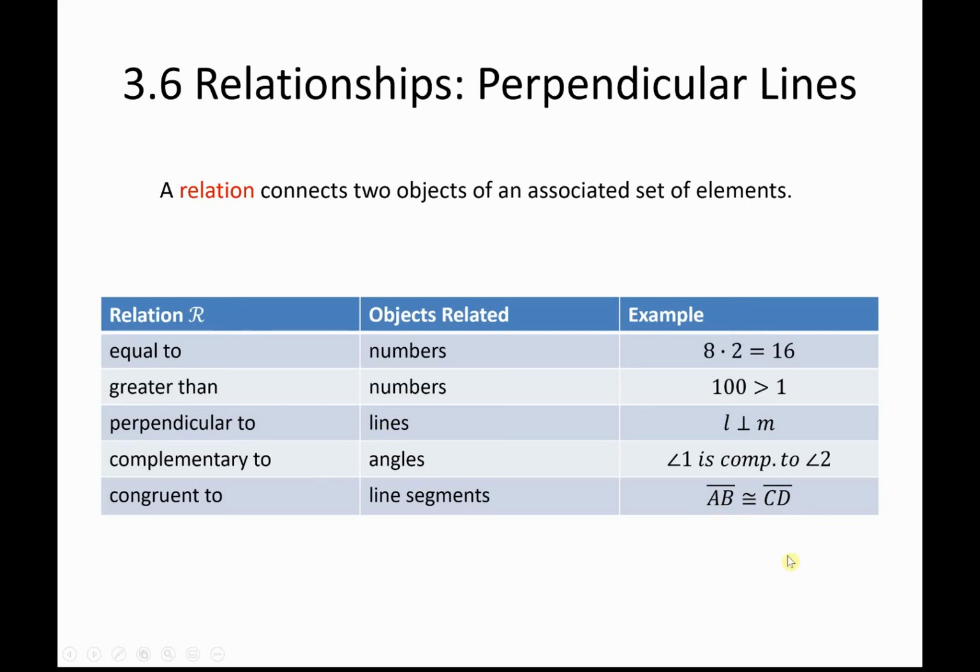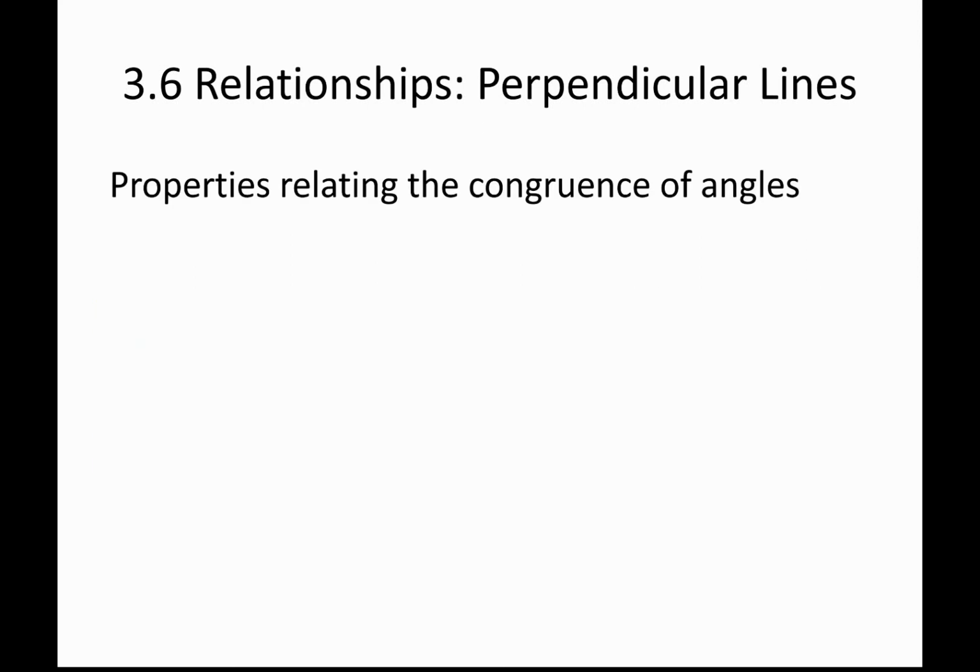Okay, so let's talk about this relation idea a little bit further in the form of specific properties that relations could or could not have. Thinking about a particular relation, let's talk about congruence of angles specifically.